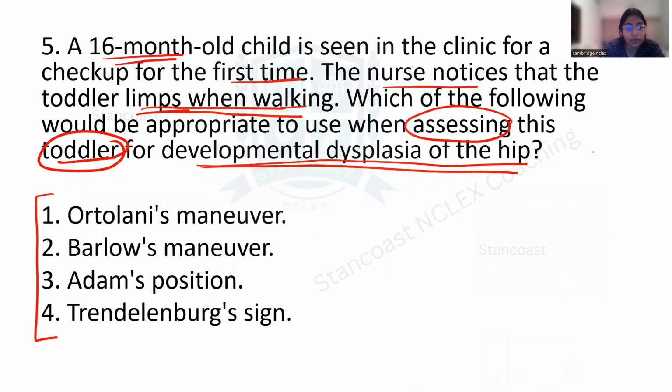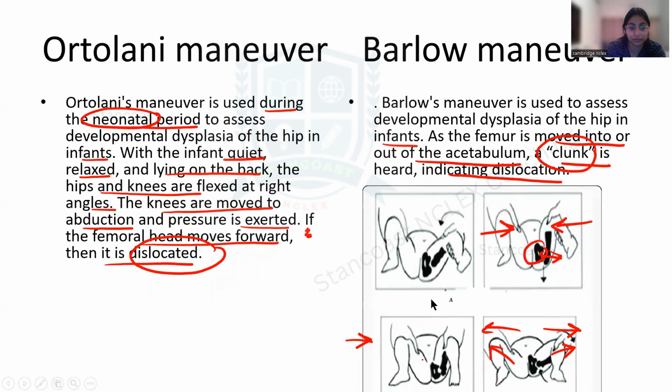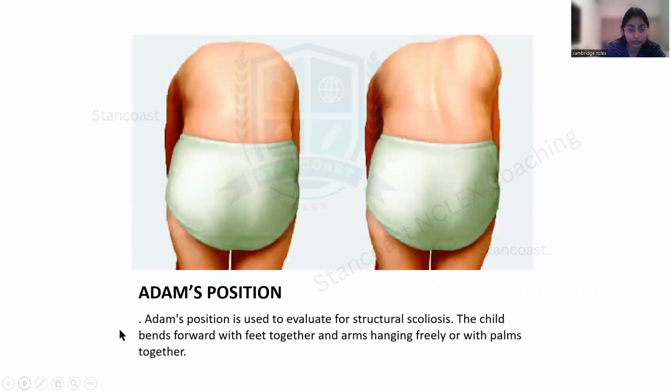Now talking about Adams position. What is the Adams position? Adams position is used to evaluate for structural scoliosis. The child bends forward with feet together and arms hanging freely or with palms together.